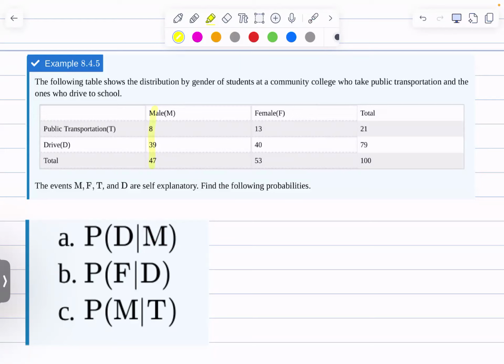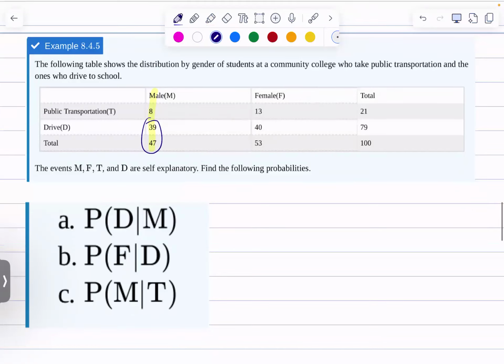And so now our total is out of 47. And so now the probability that someone drives is 39 out of 47, just by looking at the table.